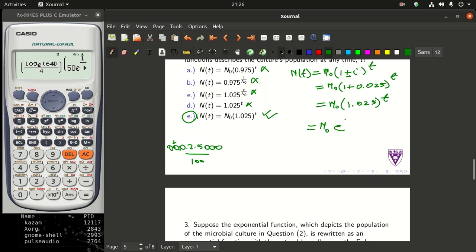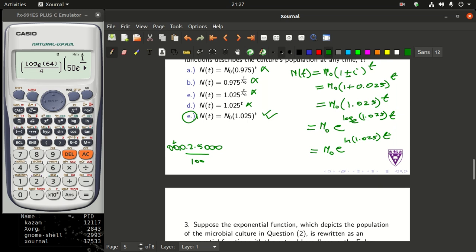When you are changing the base, it is going to be a log. I had a base e, so that has to be the base there, and whatever is inside has to be 1,025 times t. But log base e is the same as the natural log.